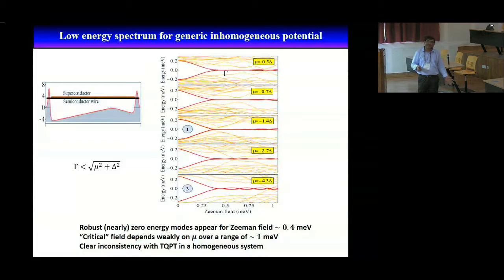What do you expect? Here again we have this asymmetric potential. This is the most generic case. And as you can notice, you have these robust unreal bound states coming down to zero energy much before this is topological. This is deep into the non-topological regime. Because remember, mu is about minus 4.3 delta, and these robust unreal states are happening at a Zeeman field of about 0.4 delta.